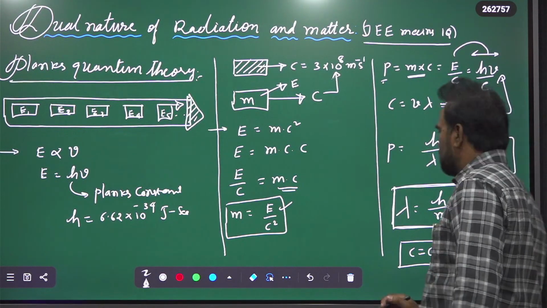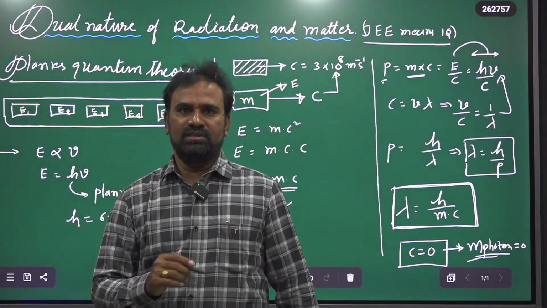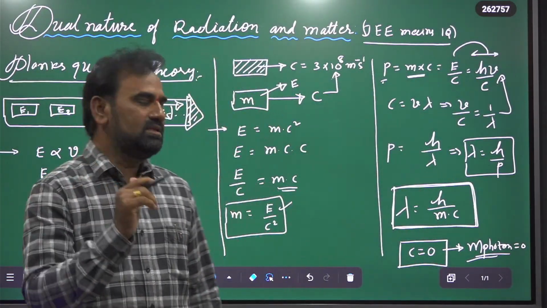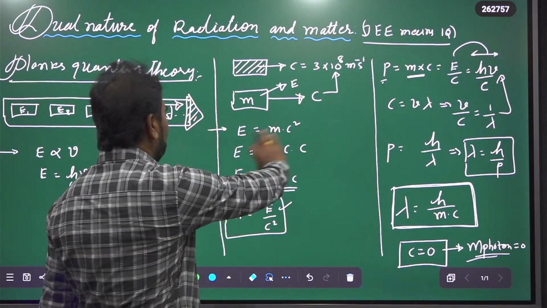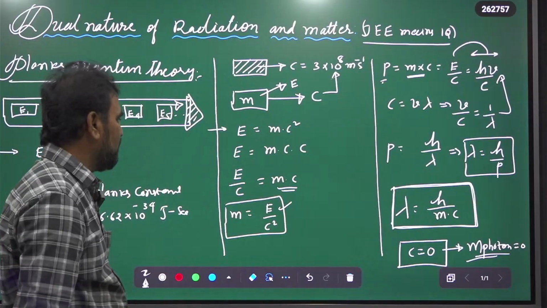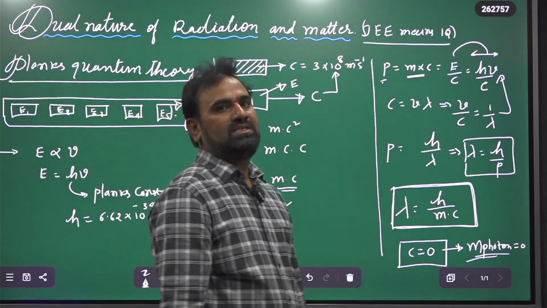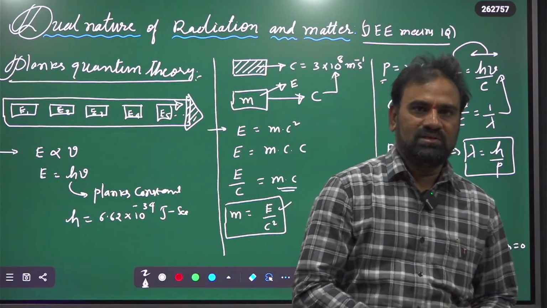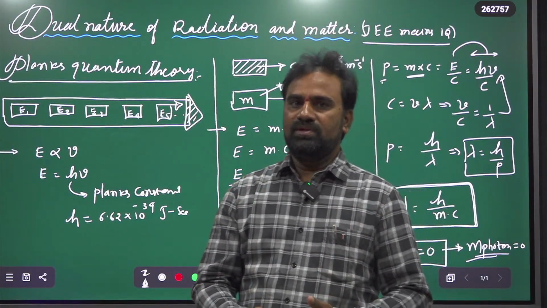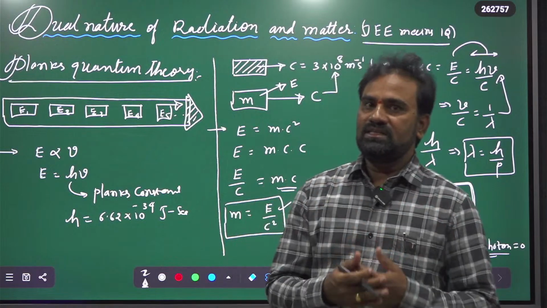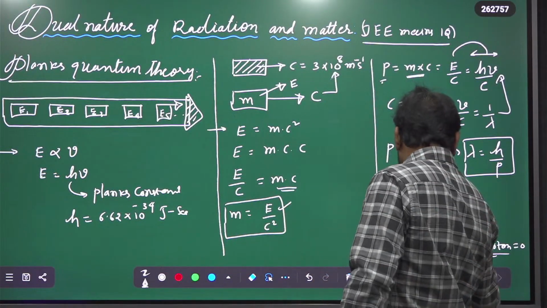That means the rest mass of the photon is equal to 0. This is called the quantum explanation. Maxwell gave some assumptions like this. When a photon is traveling with the velocity of light, it possesses some amount of mass; when it is at rest, the mass of the photon is 0.